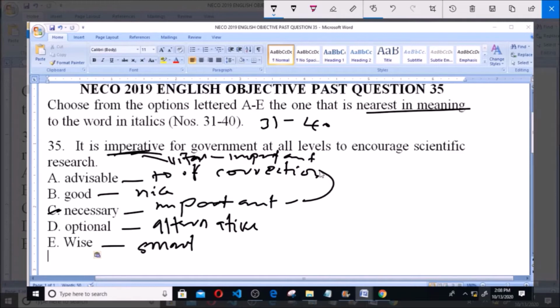So it is important or necessary for government at all levels to encourage scientific research. So option C is correct.